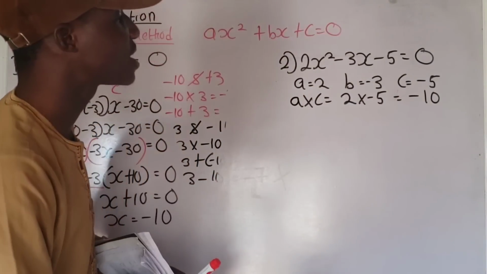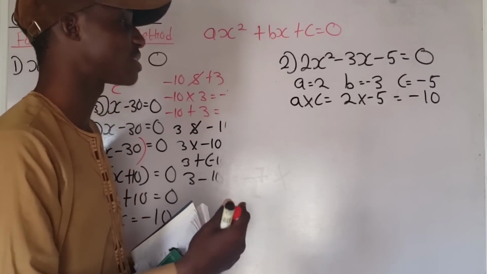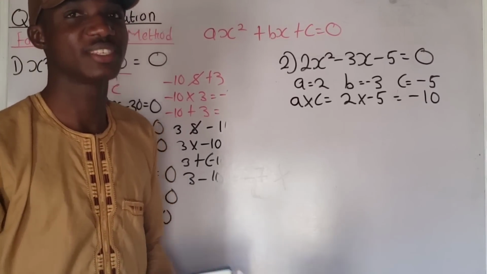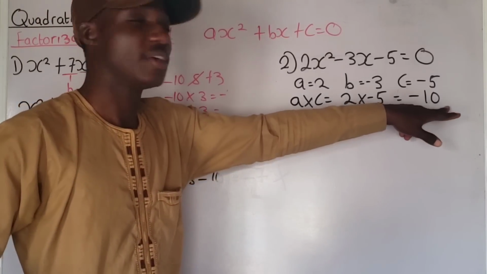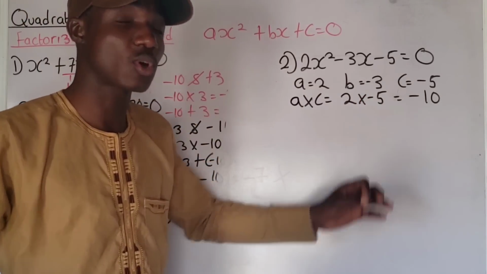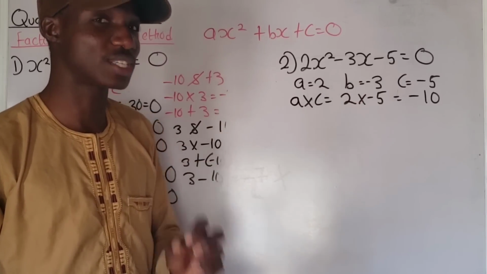Okay. Having taken the product of the first term and the constant term, you have to think of two numbers such that the product of these two numbers must be equals to the product of a and c in your quadratic equation. And by the time you sum these two numbers together, you must get b, which is the second term in the quadratic equation.